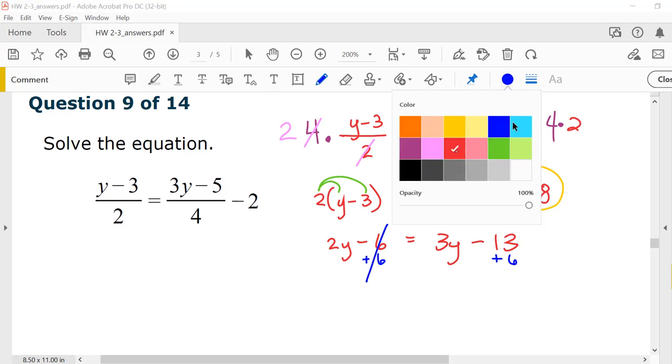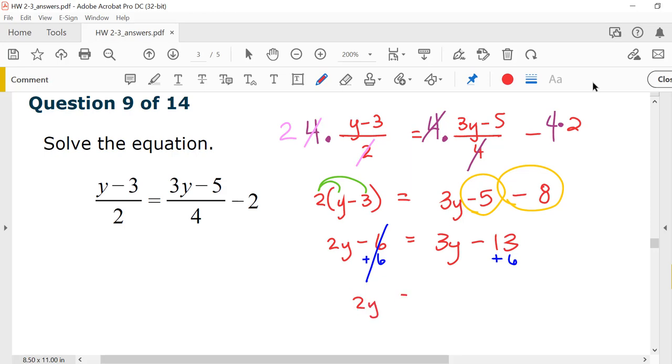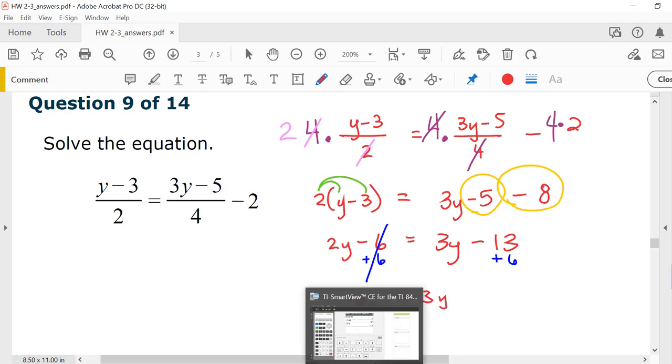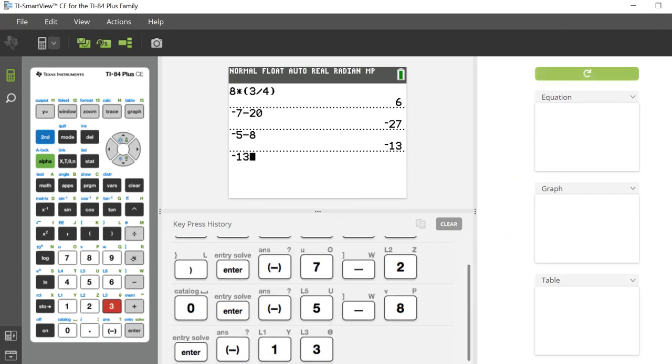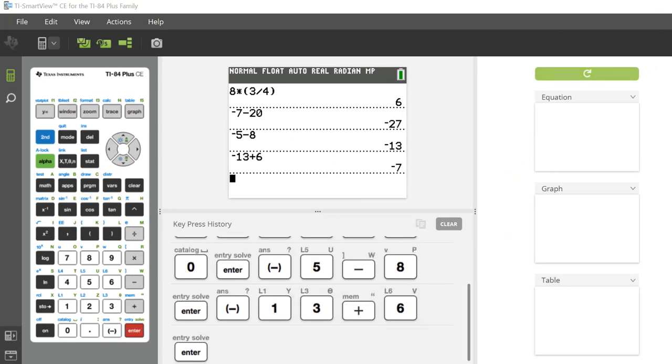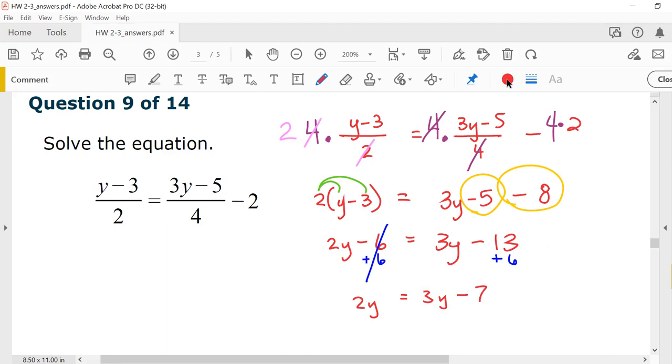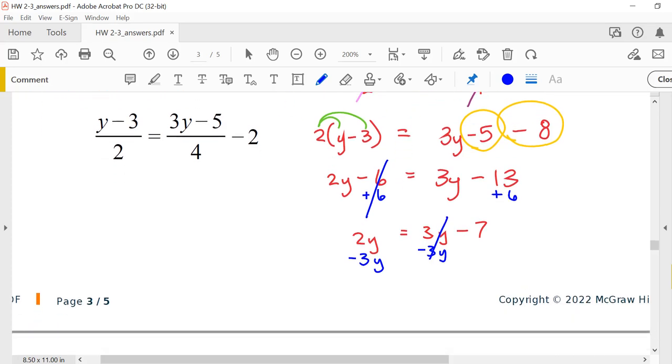I have 2y equals 3y minus 13 plus 6. Minus 13 plus 6 is minus 7. Subtract 3y from both sides. 2y minus 3y is minus y equals minus 7. Dividing both sides by negative 1, I'm left with y equals 7.